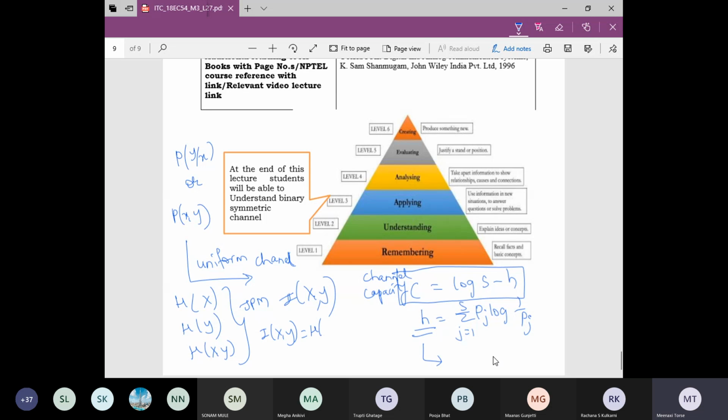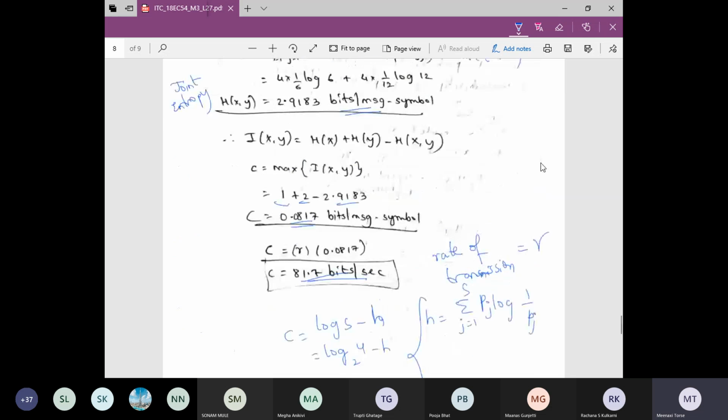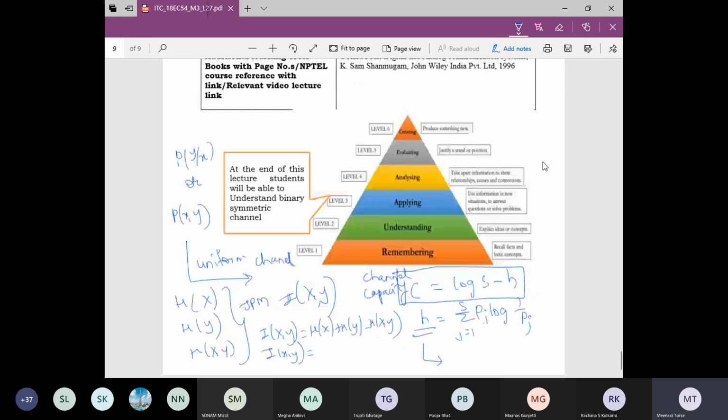Mutual information is H of x plus H of y minus H of x comma y, or H of x plus H of y by x, or H of y plus H of x by y. Any formula can be used to compute the mutual information.